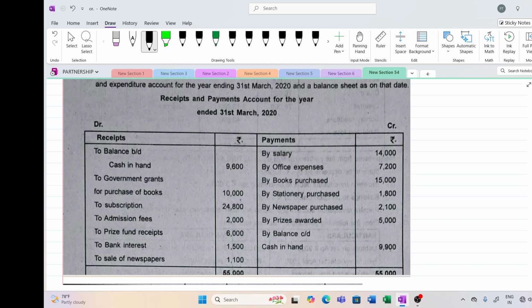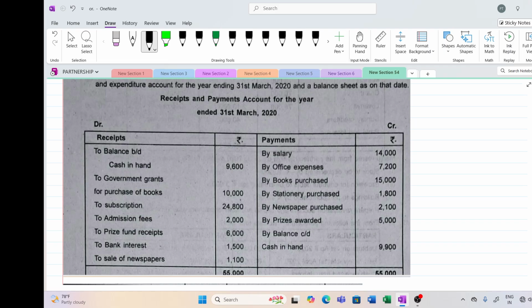Now, what is a capital receipt, ma'am? Capital receipt is a receipt which you have not received in the normal course of business. It is a special receipt. You are going to receive it not very often. It is non-recurring in nature.